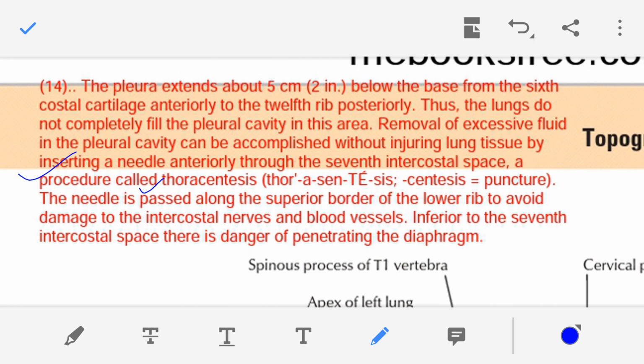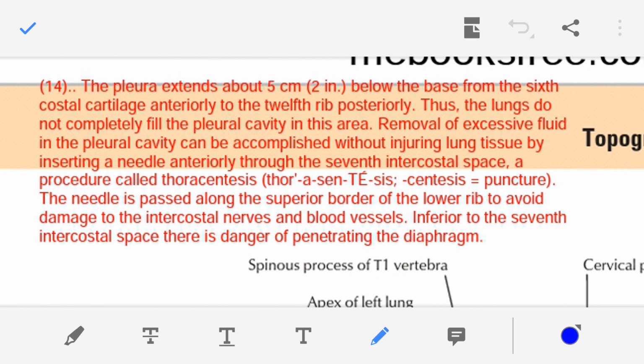Centesis means puncture. The needle is passed along the superior border of the lower rib to avoid damage to the intercostal nerve and the blood vessel. So care has to be taken when the surgeon or doctor is inserting the needle, so that it does not damage the intercostal nerve and the blood vessel.